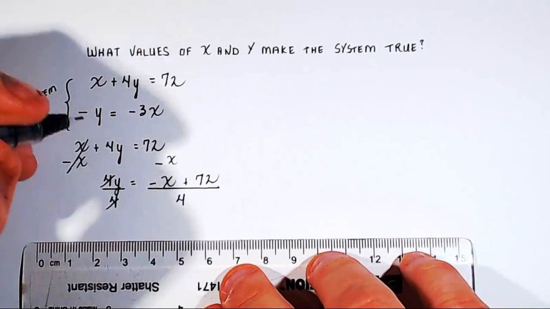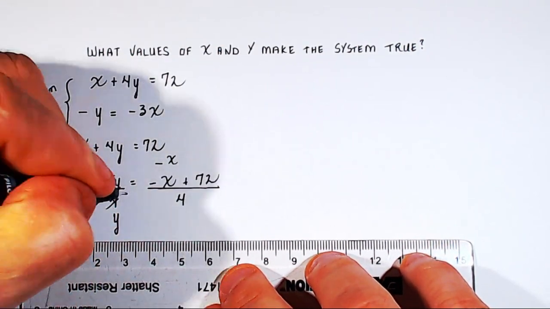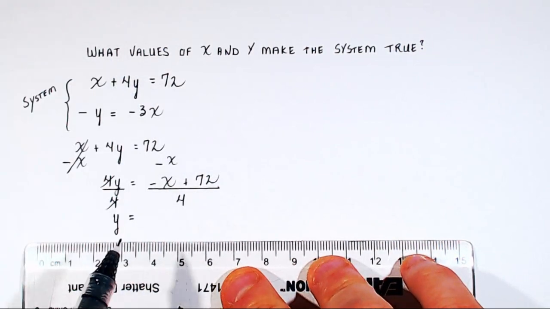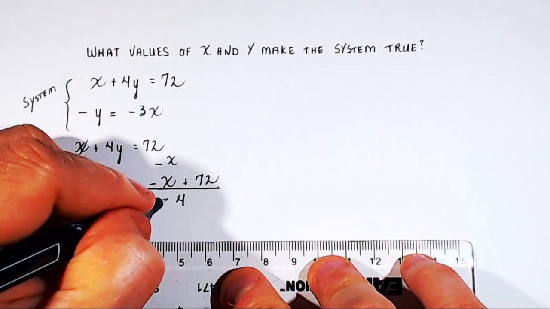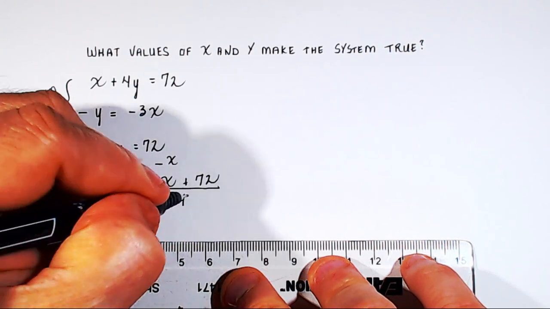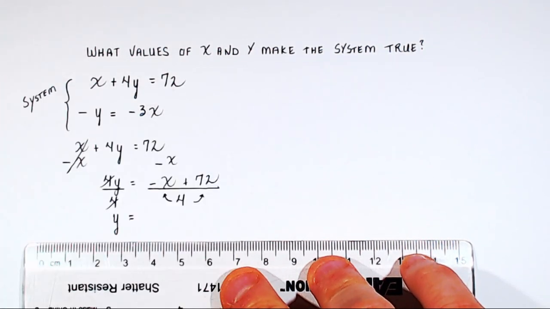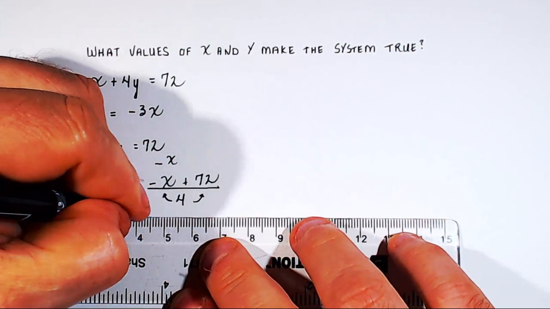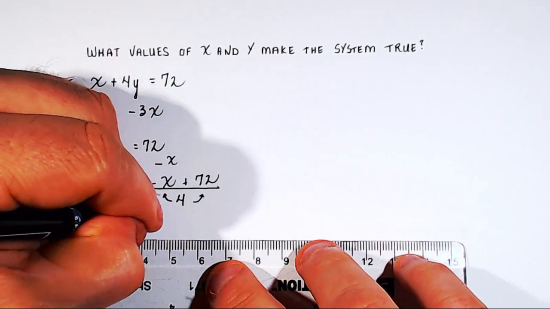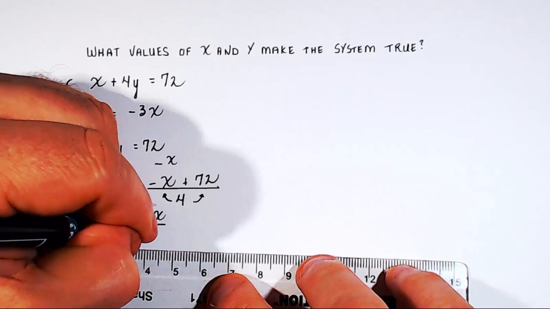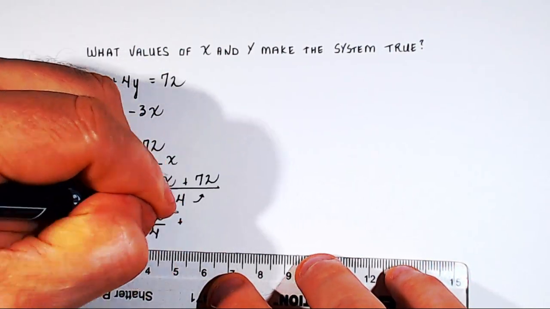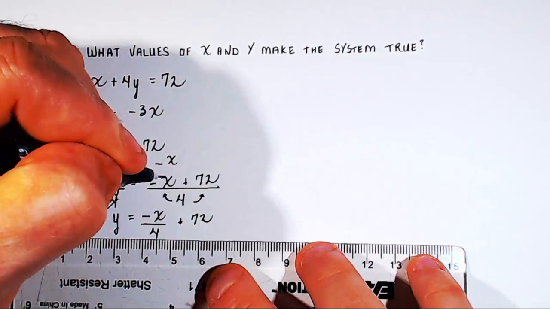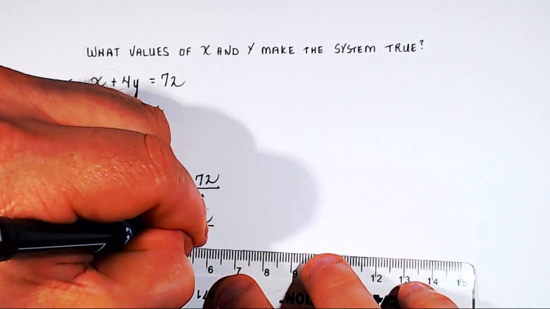The 4's cancel on the left, leaving y by itself. Now I have this fraction again. Remember, I can split these values up, and we'll go ahead and put the intermediate step in here. I now have negative x over 4 plus 72 over 4.